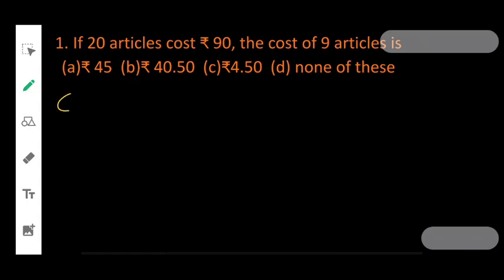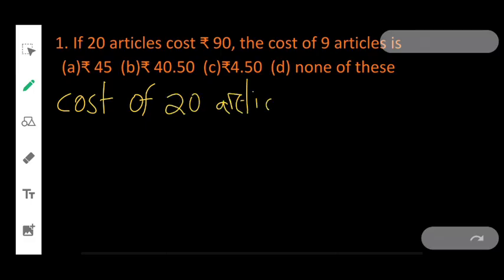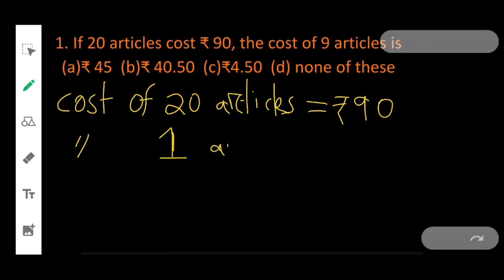So the cost of 20 articles equals 90 rupees. Okay, now the cost of one article will be 90 divided by 20 rupees.